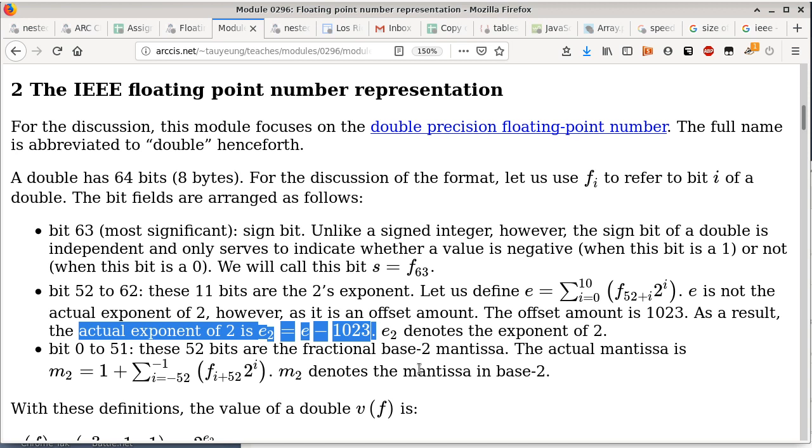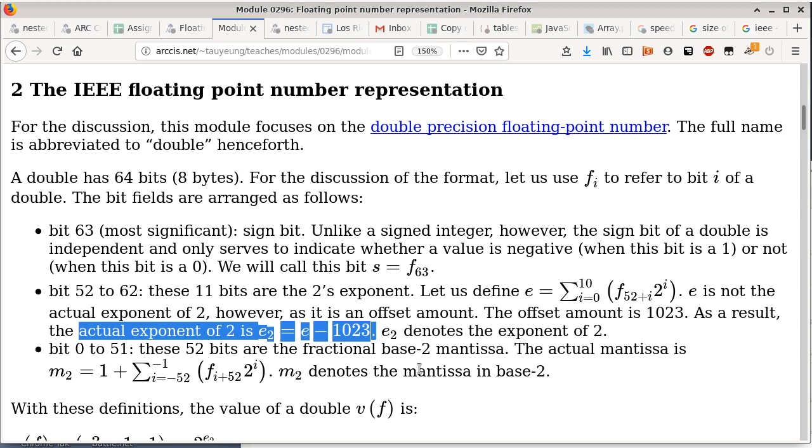What would that be? 2 to the power of 11 is 2048, and 2048 minus 1 is 2047. So e itself has a range from 0 to 2047. Are we good so far?